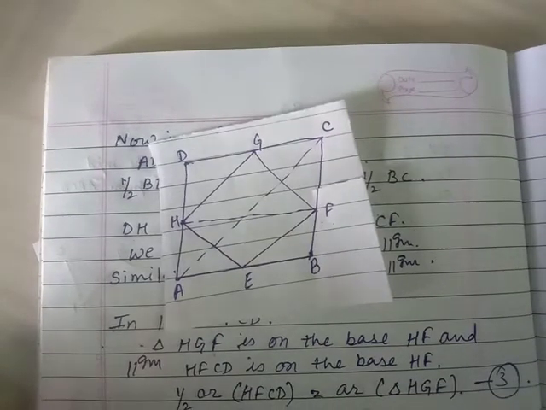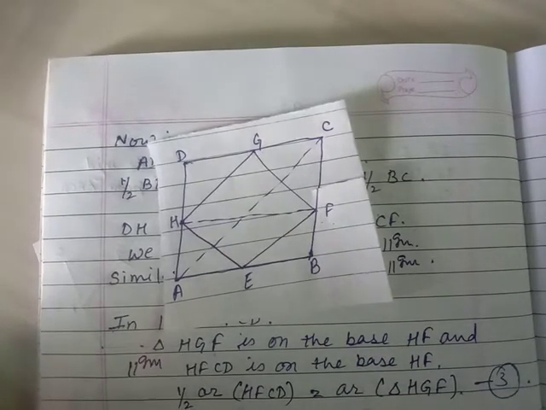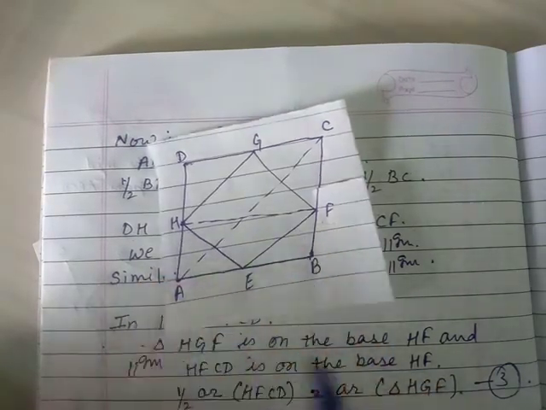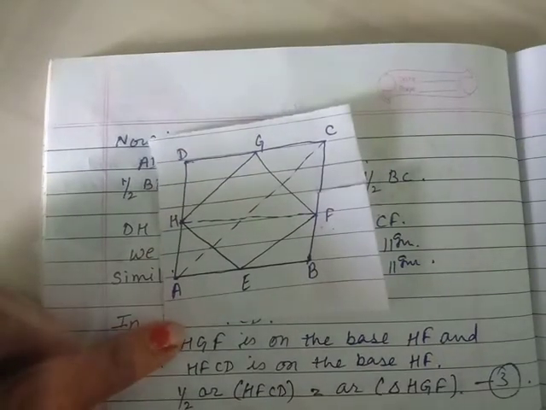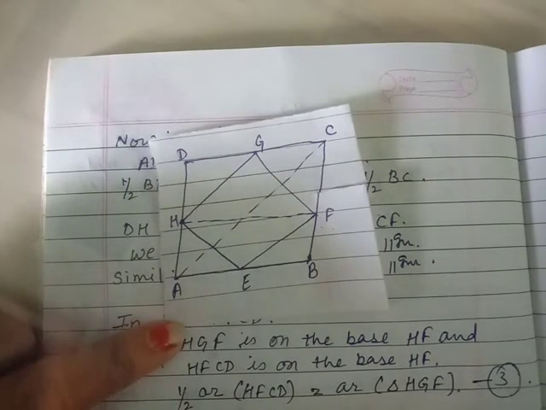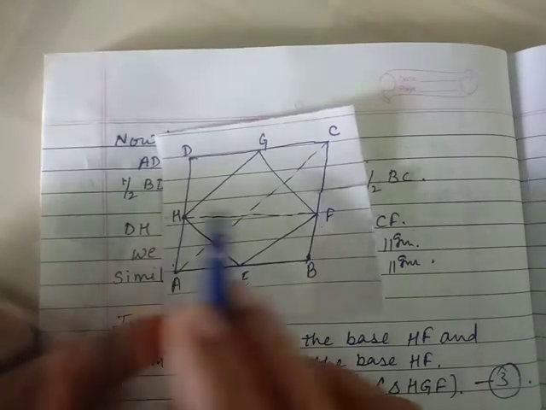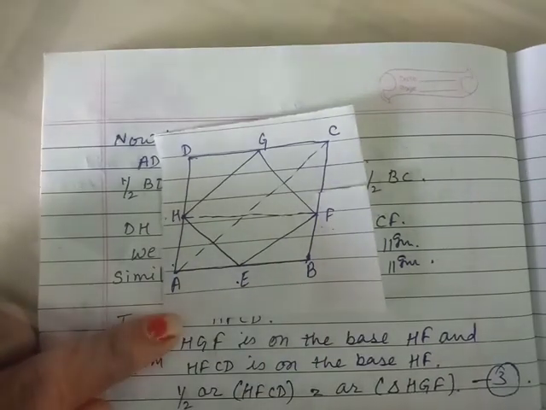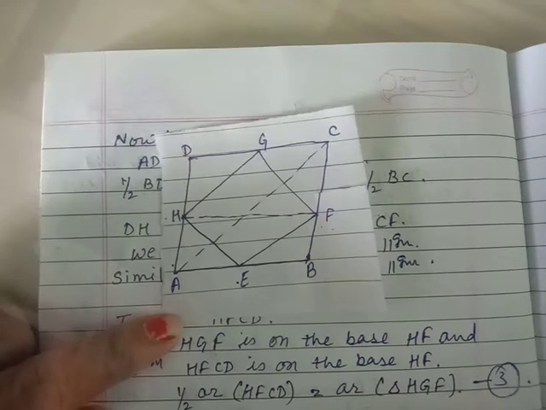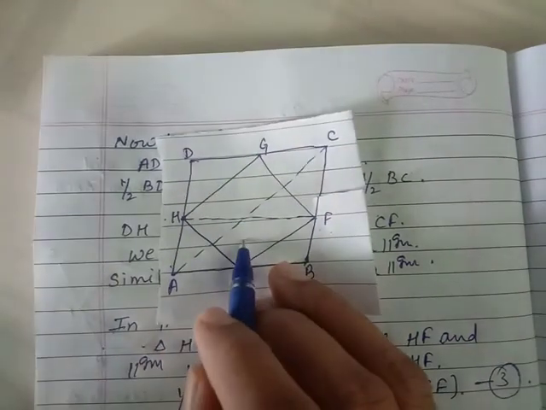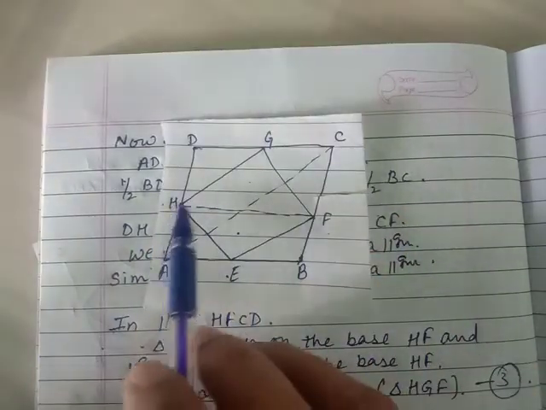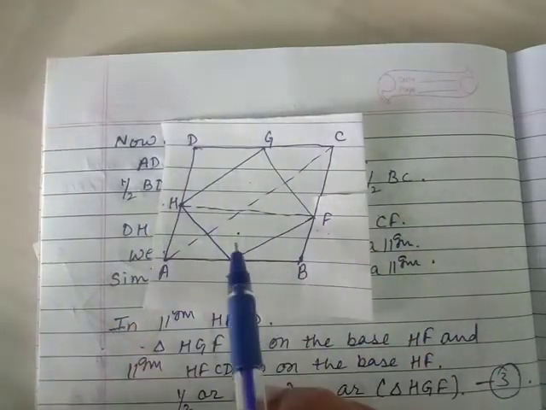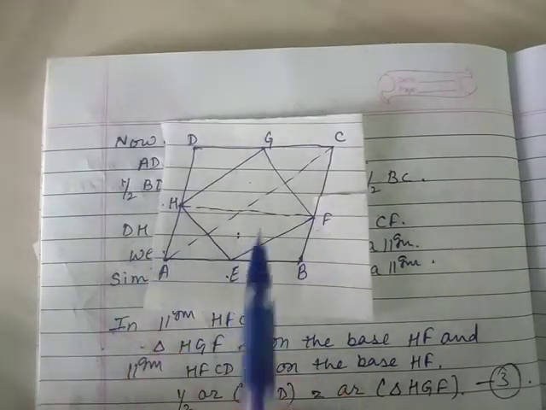Similarly, we can say that half of area of parallelogram ABFH is equal to area of triangle EHF. This is your equation number 4. Area of this triangle is half of this parallelogram, and area of this triangle is half of this parallelogram.